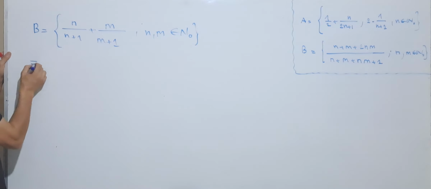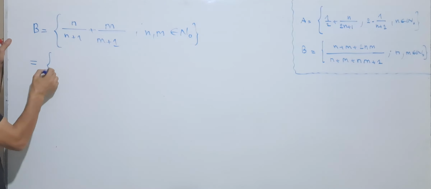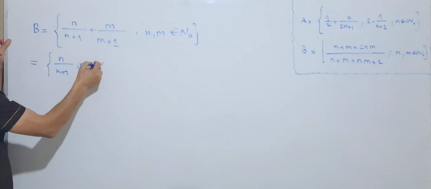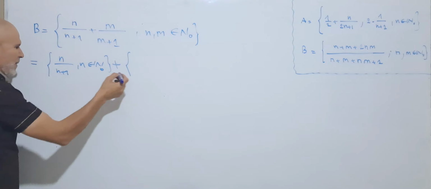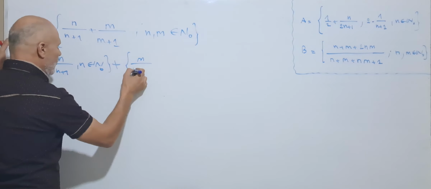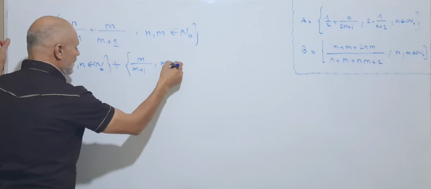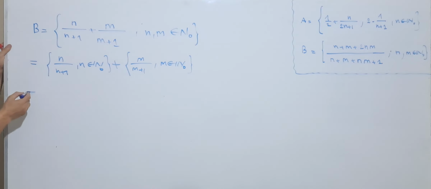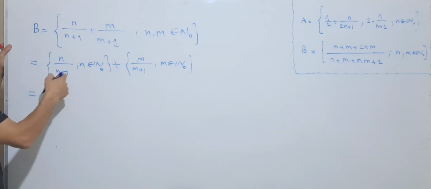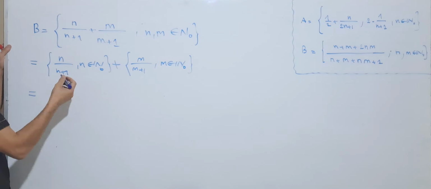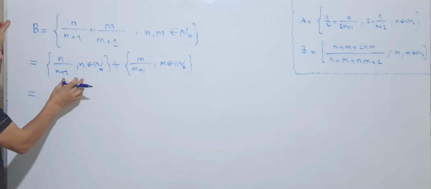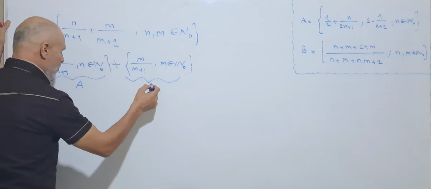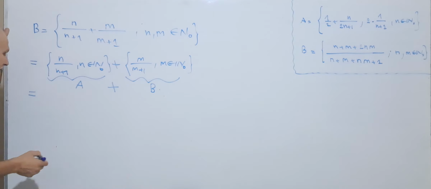This is equal to n over n plus 1, n in N0, plus m over m plus 1, m in N0. We call this one B1 and this one B2, so B is B1 plus B2.